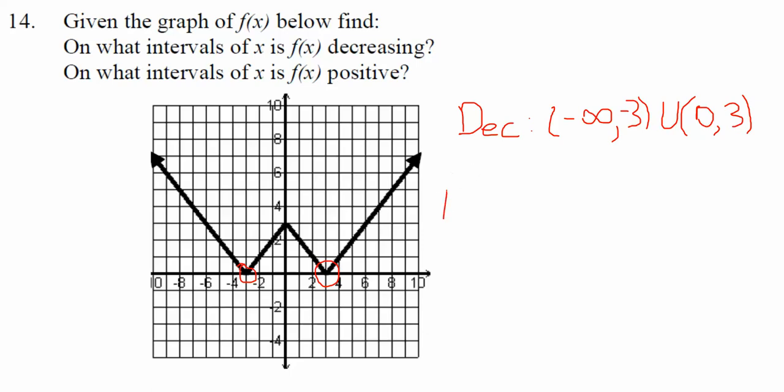So the positive interval is from negative infinity to -3, union -3 to +3, and finally one more union, 3 to infinity.